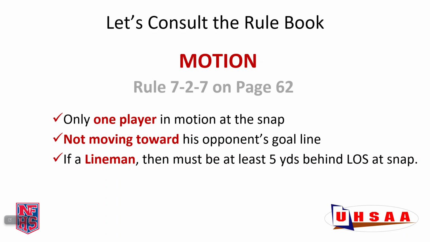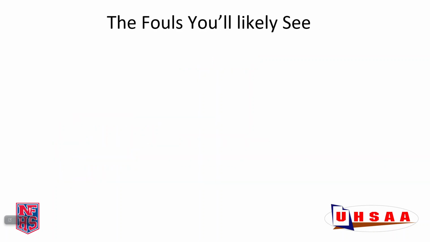So you cannot have more than 4 backs at the snap. This includes this person that's in motion, this lineman. If he starts as a back, then there is no such requirement. He can simply go in motion as long as he is not moving toward his opponent's goal line. Very rarely will you ever see a lineman go in motion. These are usually backs who are split wide or in the slot in most formations.